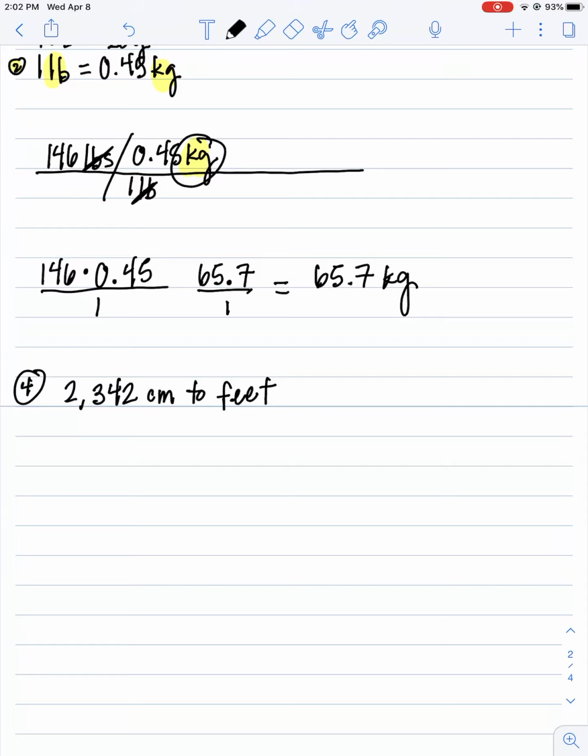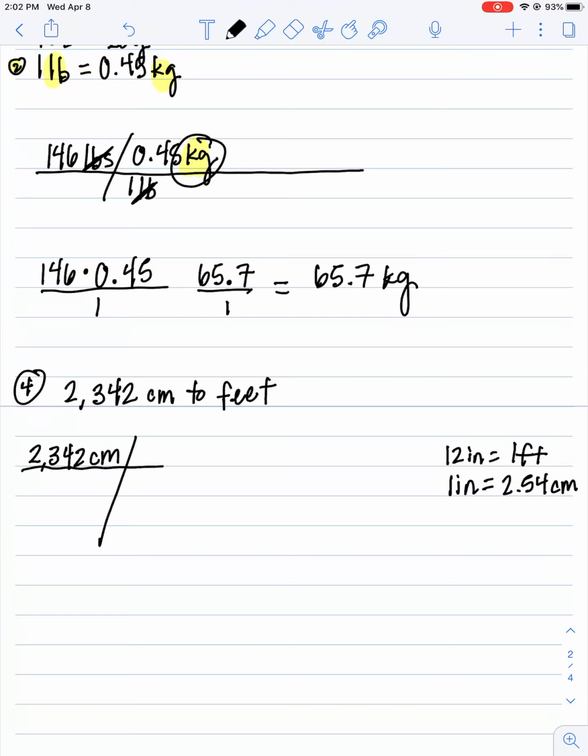Okay. So really, really straightforward. What do we know about feet and length? We know that there are 12 inches in a foot. Okay, that's pretty common knowledge. What may not be as common is that 1 inch is roughly 2.54 centimeters. Okay, so those are some conversions.